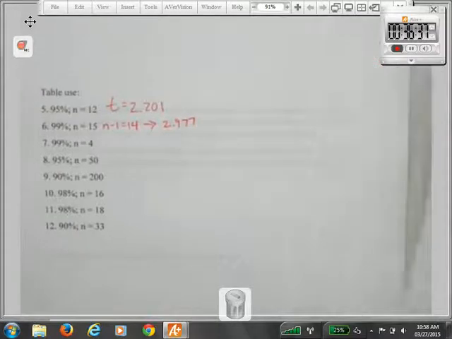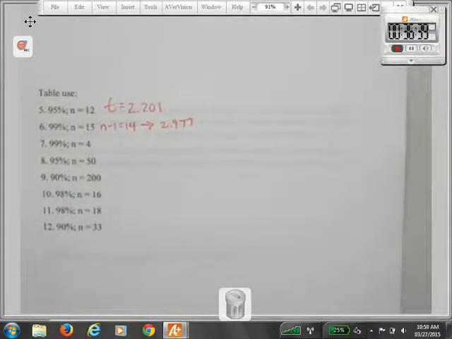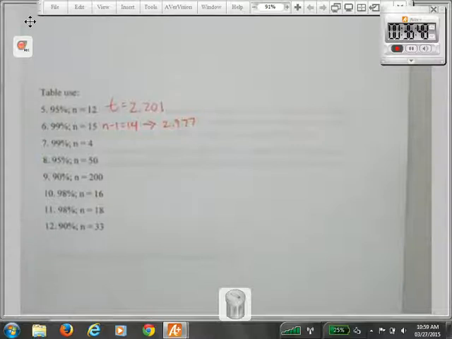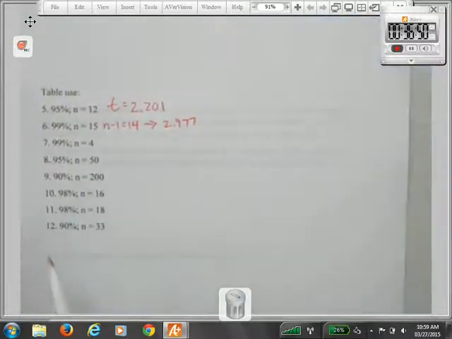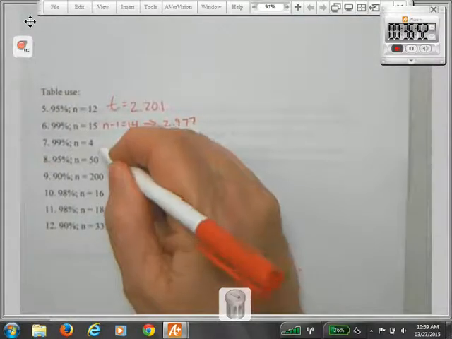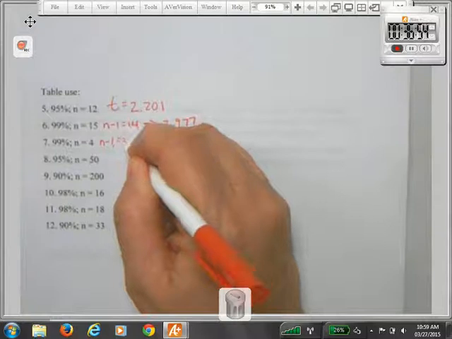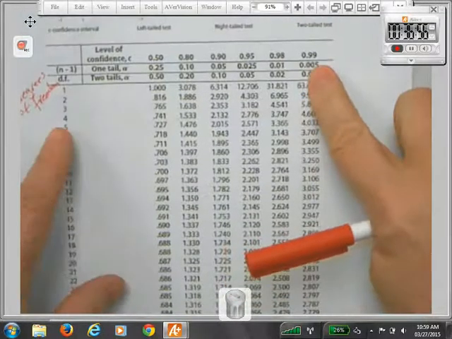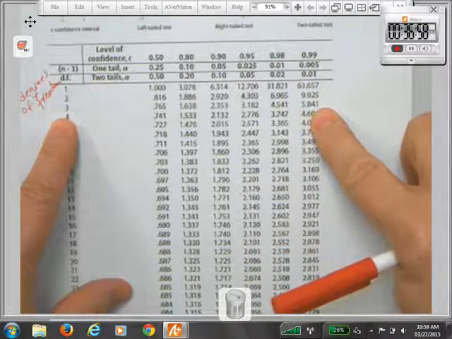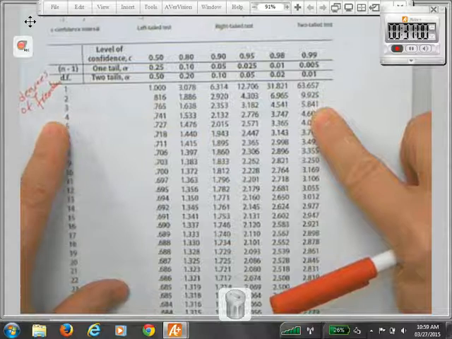So this is just a little practice on this. This actually came from the textbook. I didn't assign you to do this because I figured I'd show you how, and then you're going to have to do it within the problems that you do. Okay, so 99%, N minus 1 equals 3. So 99%, row 3, 5.841. So that's huge.